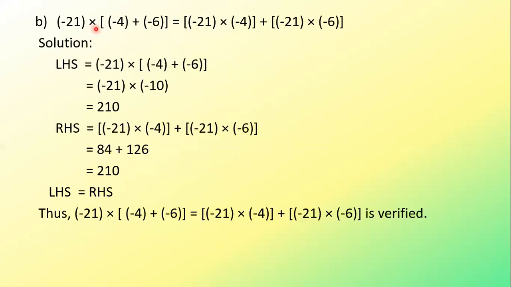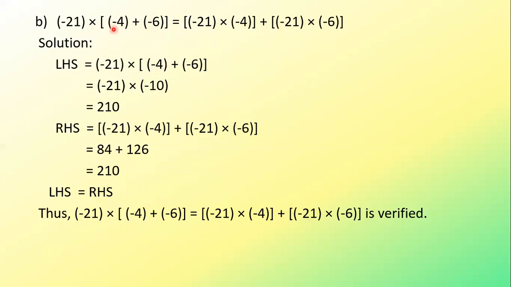Minus 21 into minus 4 plus minus 6, that is the LHS, and we have to verify that LHS is equal to RHS. What is given in RHS? Minus 21 into minus 4, the product of that, to which we will add the product of minus 21 into minus 6. Same distributive property.